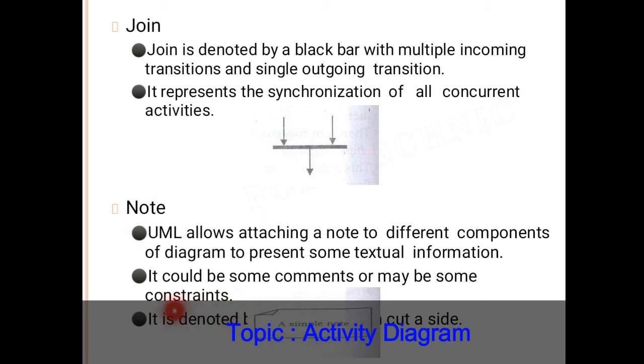Unified Modeling Language (UML) allows attaching a note to different components of a diagram to present some textual information. It could be some comments or constraints, and it is denoted by a cut-side rectangle. Suppose we have to define a note about the bank ATM system, then we use this type of symbol.